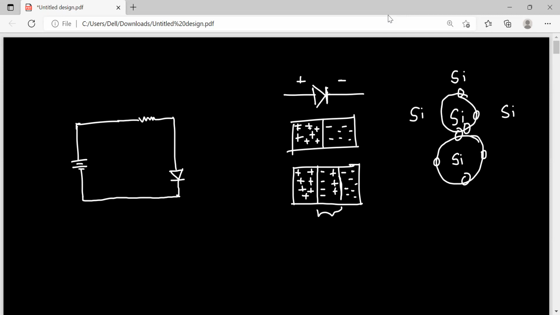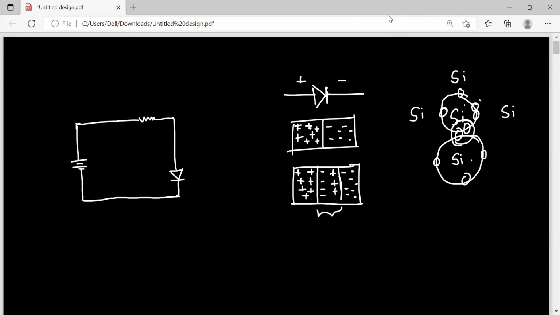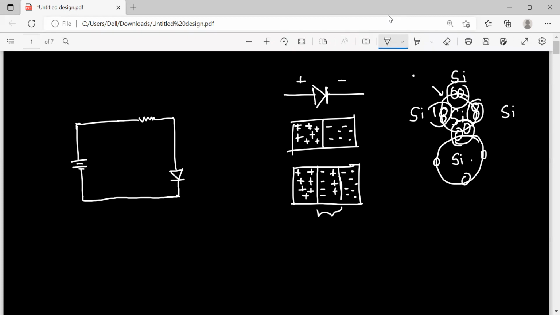And the beautiful thing is, to be at a stable position, one valence electron from one silicon and another valence electron from another silicon will get into a bond, so that it's going to have 8 electrons for one silicon. If that happens, it's going to be in a stable position.